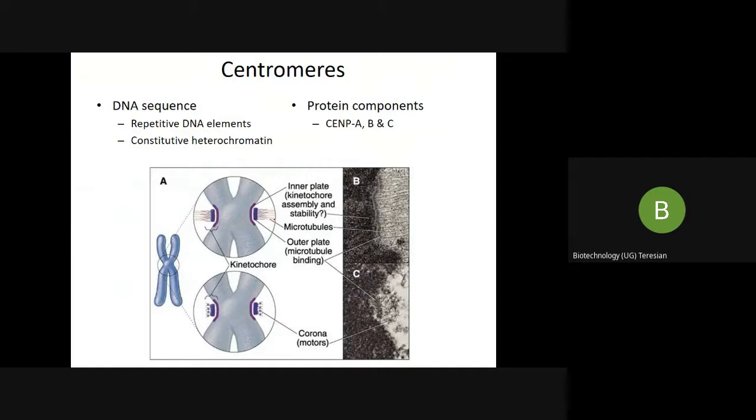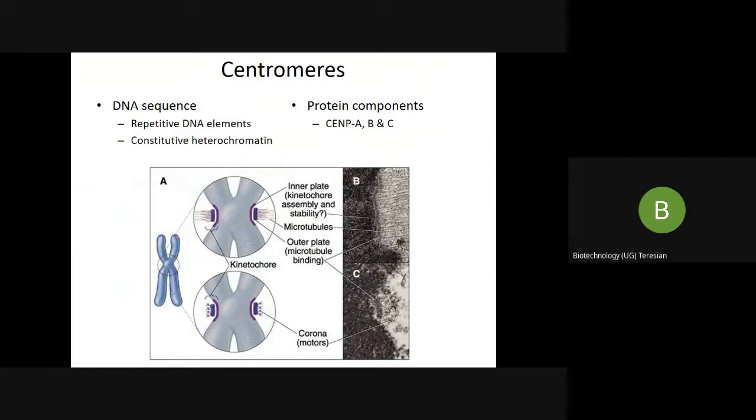And what type of chromatin does the centromere contain? They contain heterochromatin. This is the centromere and this is the telomere. Both of them consist of constitutive heterochromatin, that is, highly coiled regions.